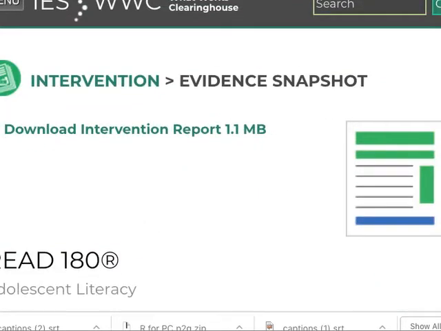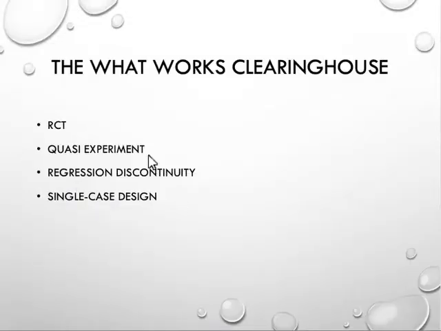So the WWC, the What Works Clearinghouse, is the repository for IES to determine whether or not a practice is evidence-based or not. So they list these four designs as eligible for determining those things.